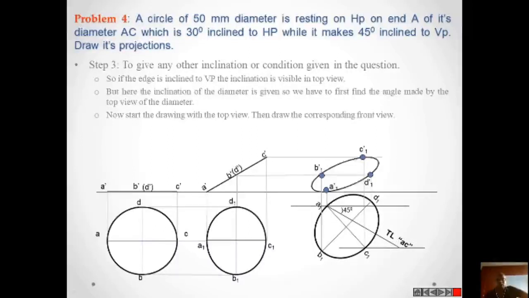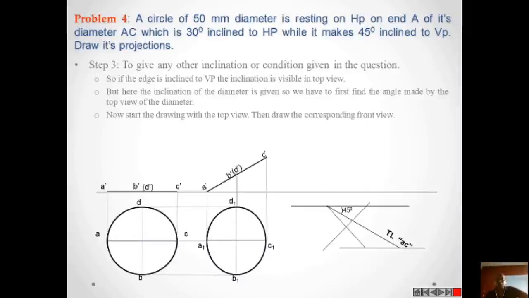But the only crucial thing here is how to get this inclination. So once again, what we are doing? We are drawing the true length at an angle of 45 degrees.